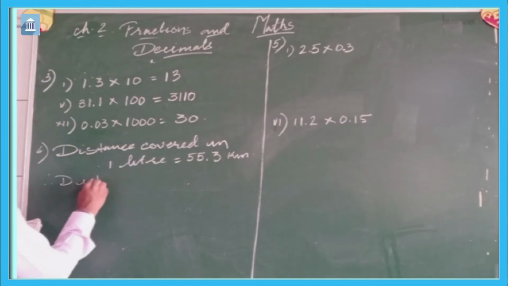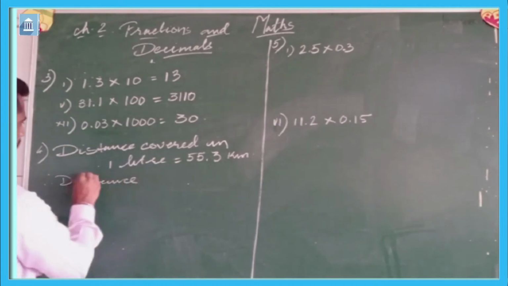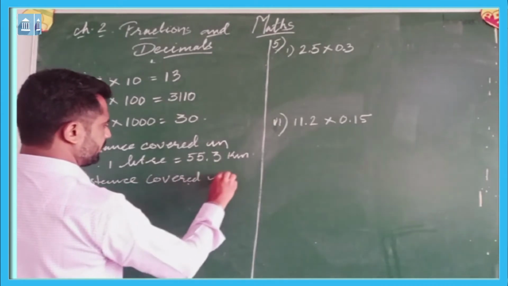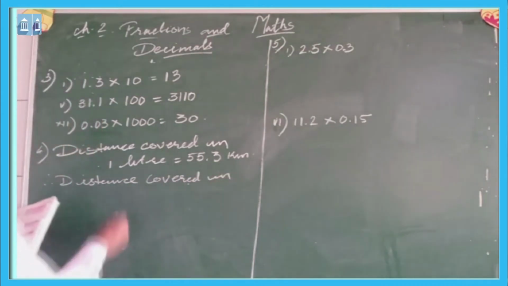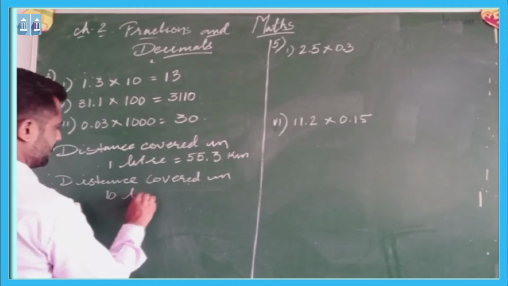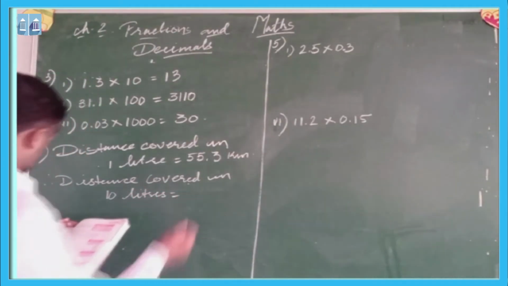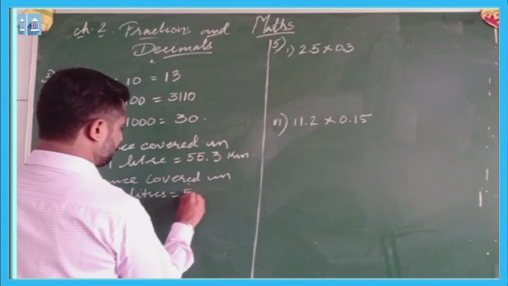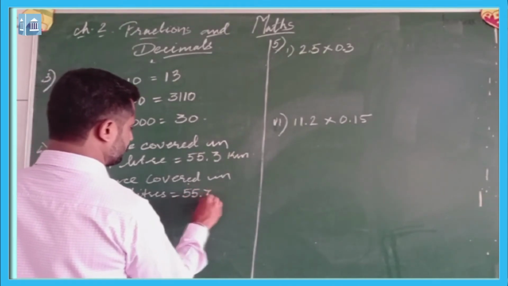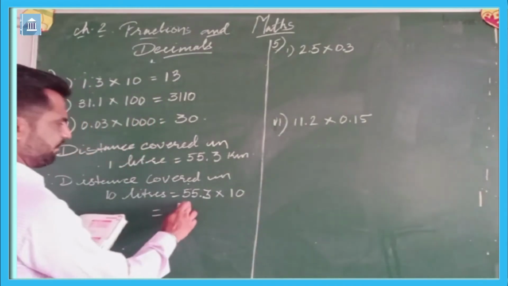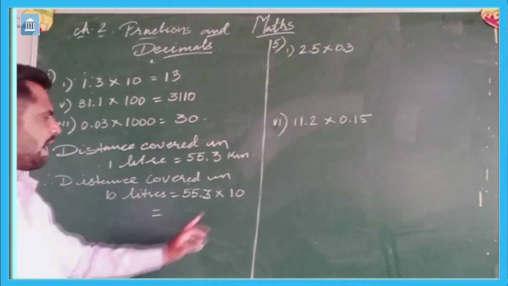distance covered in 10 liters, which we have to find out, is equal to 55.3 multiplied by 10.